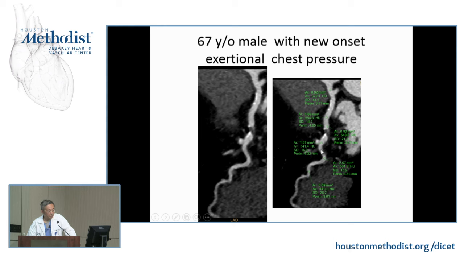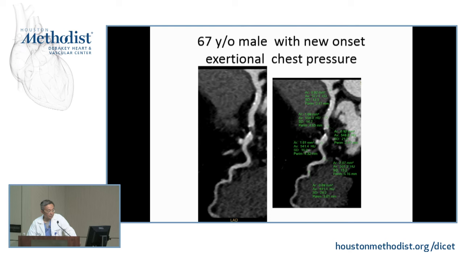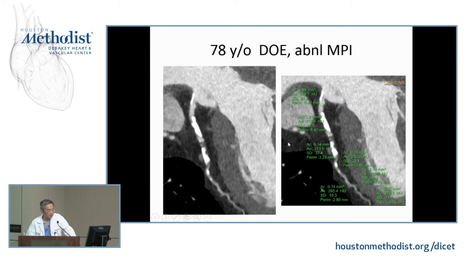Here the gradient goes down toward the distal vessel, versus the prior case, where the distal portion of the arteries had similar or even slightly higher attenuation compared to the more proximal portion. If I have to guess, I would say this is subtotal, and PCI would be relatively easier compared to the previous case.